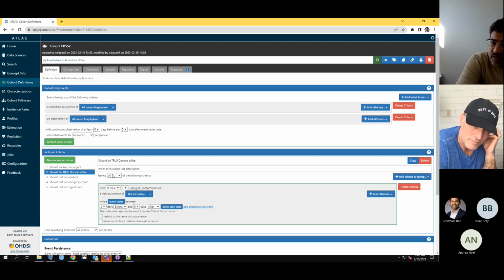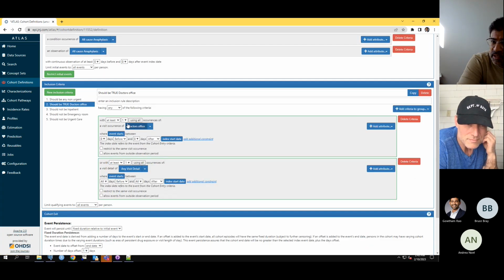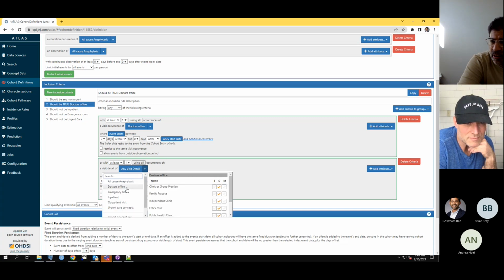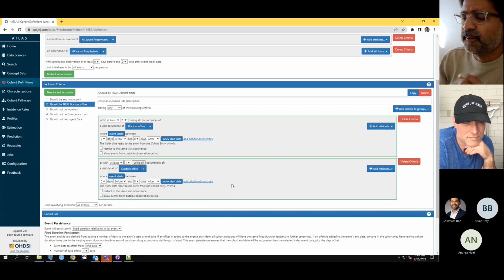Oh, I see. So in OMOP, there is something called a visit occurrence. There is a visit detail. I wonder if it's populated in the visit detail. This is some of the bane of data standardization.